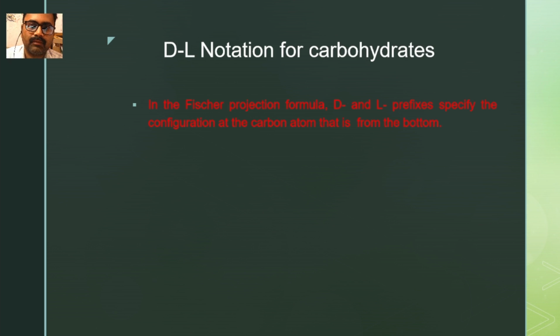So the DL notation is very useful for carbohydrates, to describe the stereochemistry of the second carbon atom from the bottom in the Fischer projection formula.